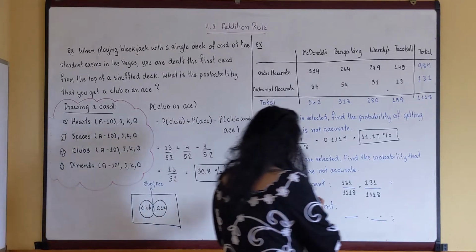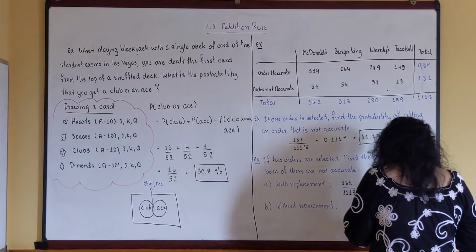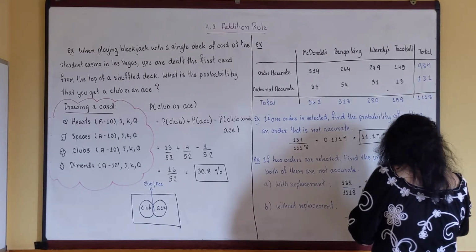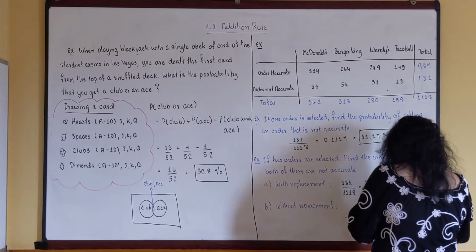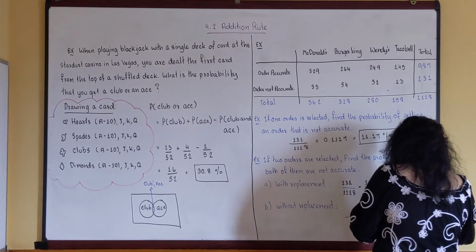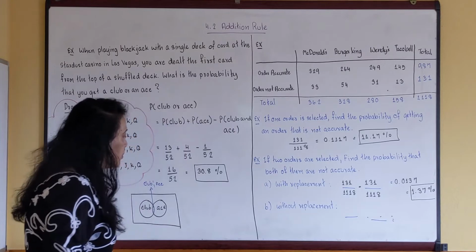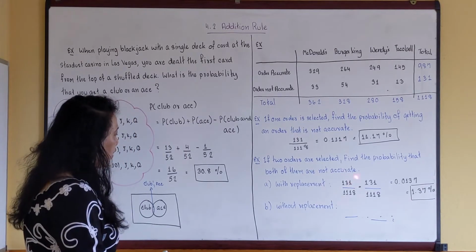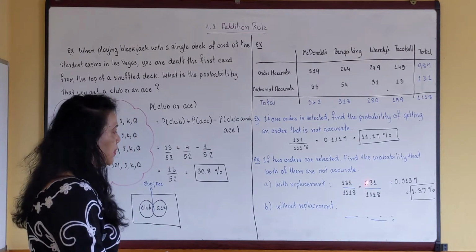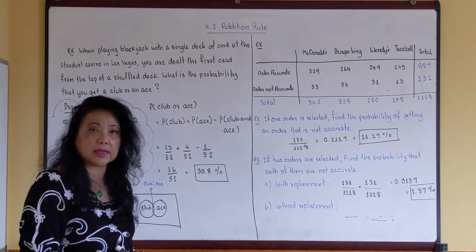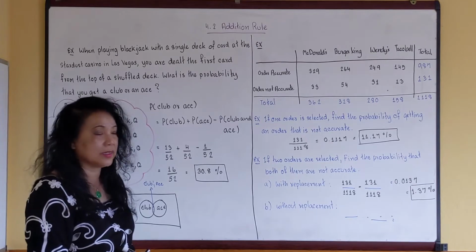If you calculate it, it's going to be 0.0137, or 1.37%. And it is independent, because what happened here doesn't affect the probability of the second order.